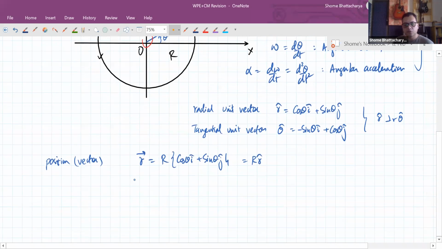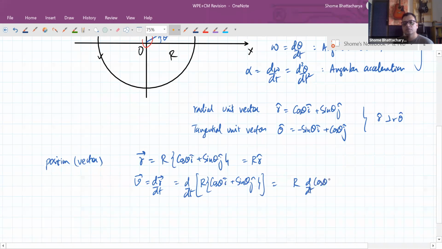Now we can define the velocity by calculating the rate of change of this. So thereby we see the simple relation that when we differentiate this term, it immediately shows us both the magnitude and the direction of the velocity vector.